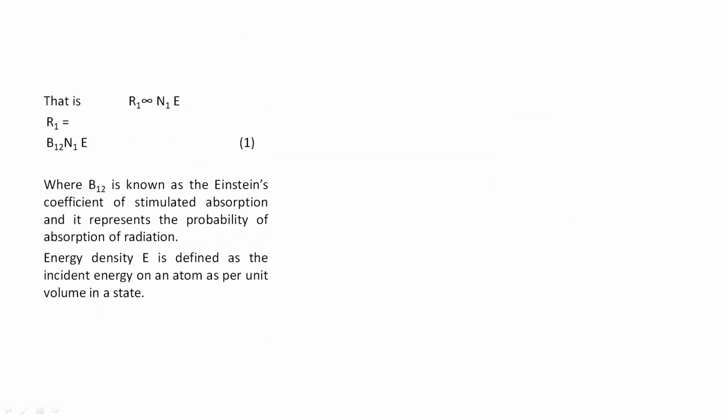If we combine these two relations, R1 is directly proportional to N1 into E, or R1 equals B12 N1 E, where B12 is known as Einstein's coefficient of stimulated absorption. It represents the probability of absorption of radiation. Energy density is defined as the incident energy on an atom per unit volume in a state. So this is our equation 1.